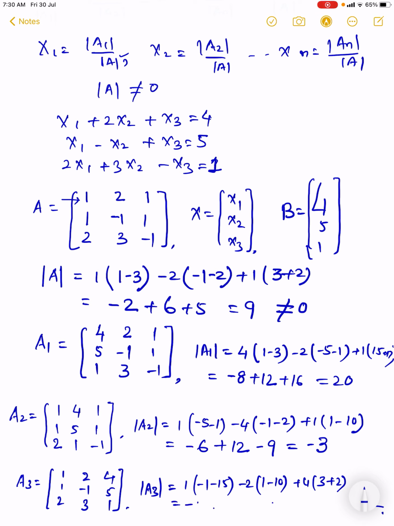So this is minus 16 plus 18 plus 20, 22.